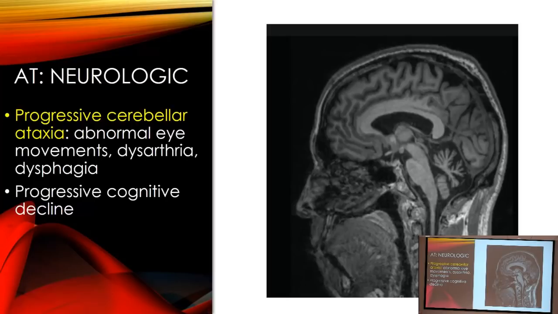And then to remember what would be the other symptoms, if you can remember the cerebellum and what happens if you have problems with it, then maybe you don't need to memorize this. The cerebellum is involved in coordinating eye movements, right? So these patients don't move their eyes very well. They're probably going to have nystagmus. The cerebellum is important not just for coordinating arms and legs and balance, but coordinating fluency of speech, the rhythm of speech.